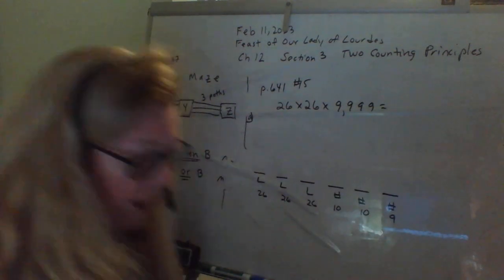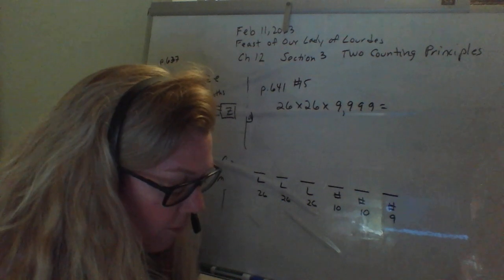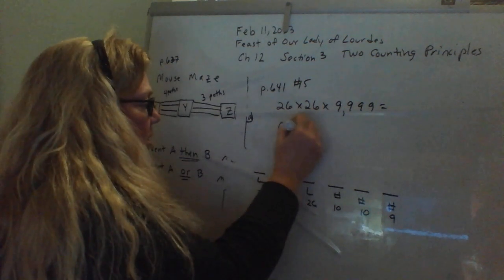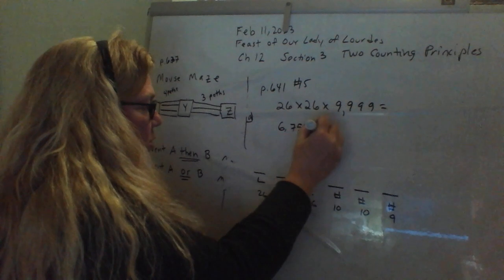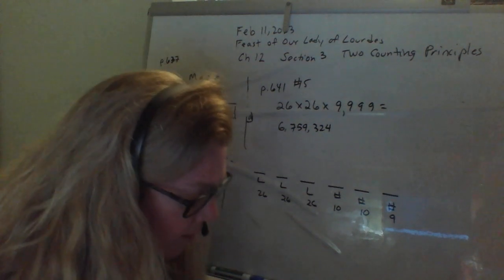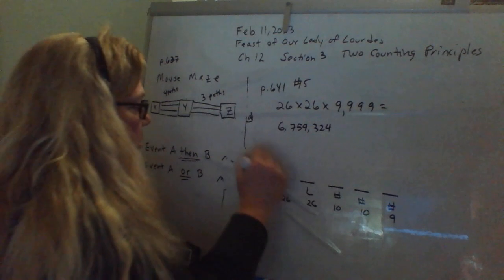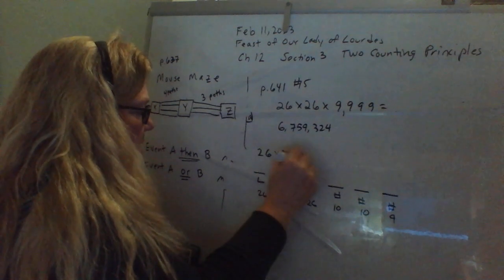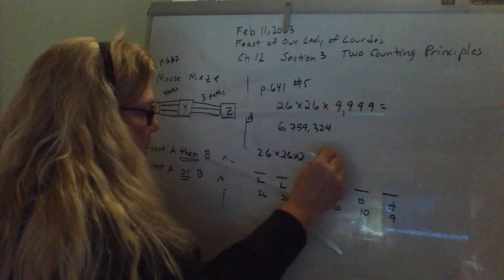Upon multiplying all of that out, we get 6,759,324. The other way, we have 3 letters, so this would be 26 times 26 times 26 times 999.